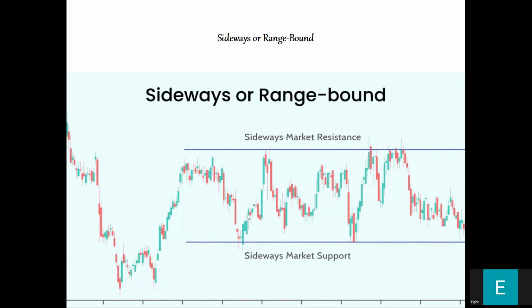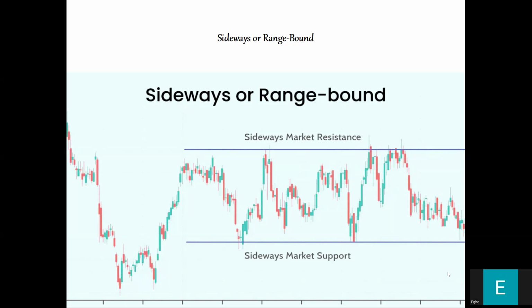If you don't know how to trade this, let me just say this: once you notice something like this, just close your system or go and do another thing. Leave it until it breaks out of this range.